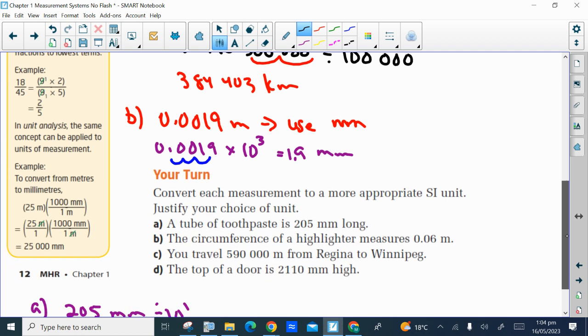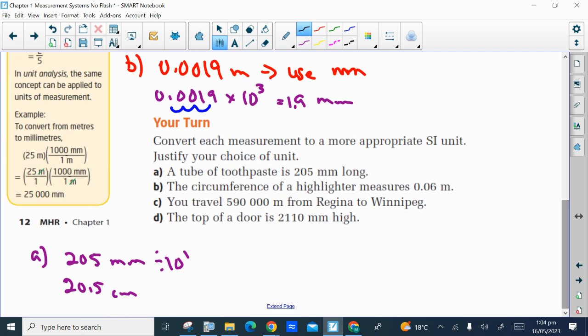So the next question, question B, the circumference of a highlighter is 0.06 meters. So for this one, again, I'll probably use centimeters here. So 0.06 meters, and we want to convert that to centimeters.